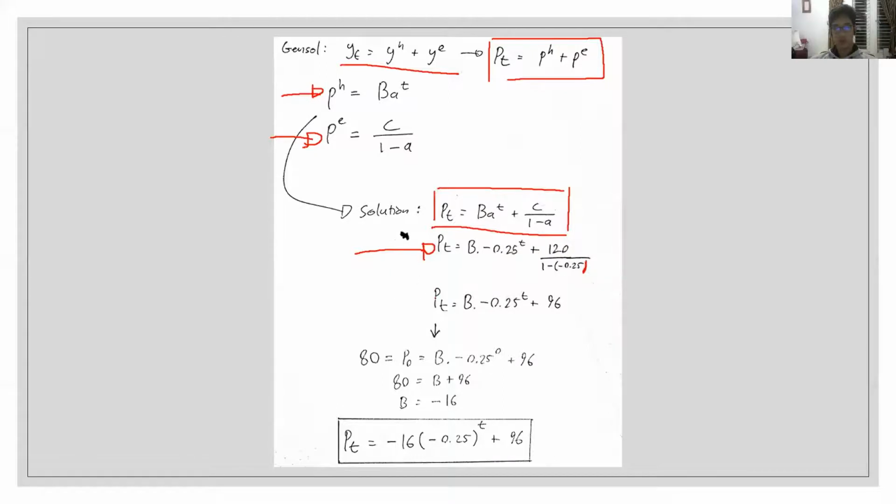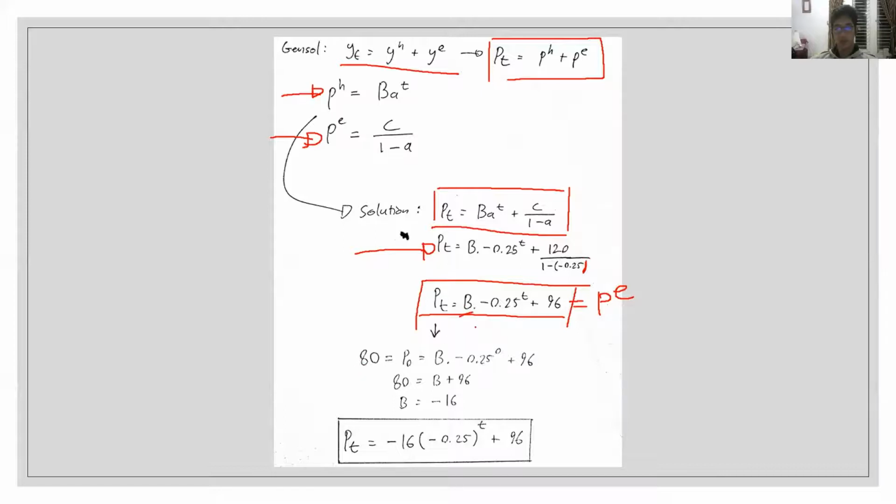So in the end, we can find that we have a general solution of Pt equals b times (-0.25) to the power of t plus 96, where this 96 is equal to our equilibrium solution, Pe. Right here, this 96 equals Pe. Anyway, we can still see that here we still have a b.